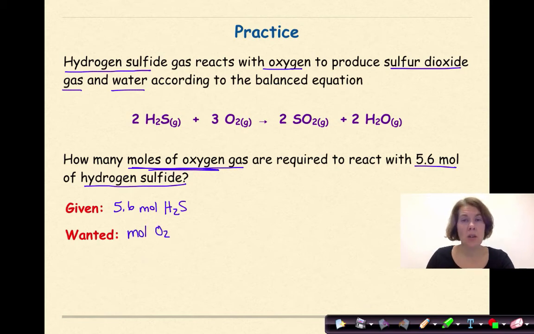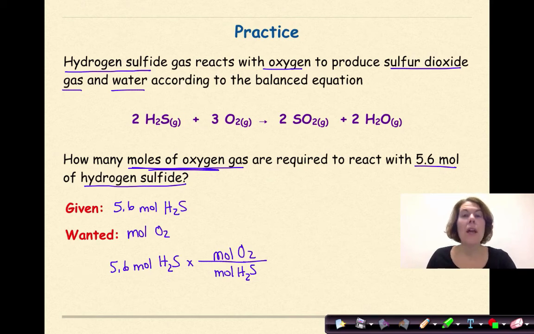The first thing that I'm going to do is write down my given: 5.6 moles of H2S, multiplication sign and a line. I'm going to put moles of H2S on the bottom. I want moles of O2. Then I'm going to look at my balanced equation. The coefficient for H2S is 2, and the coefficient for O2 is 3.